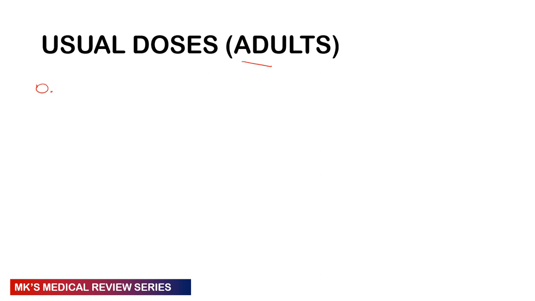So if we have about 0.5 to about 2 micrograms per kg per minute, this has a dopaminergic effect, meaning that it's going to be working on the dopamine receptors.